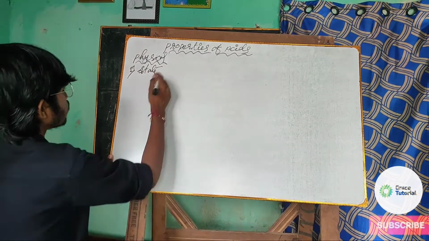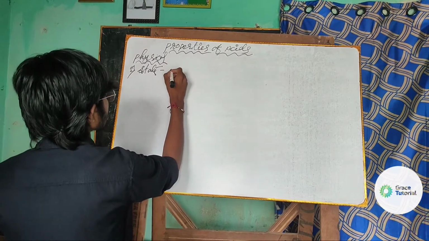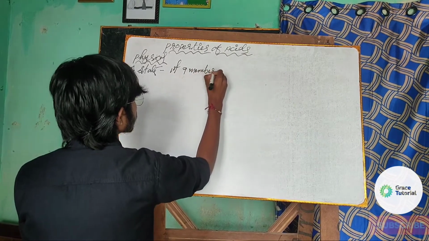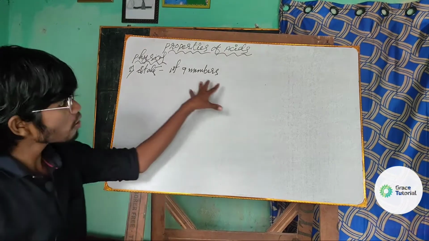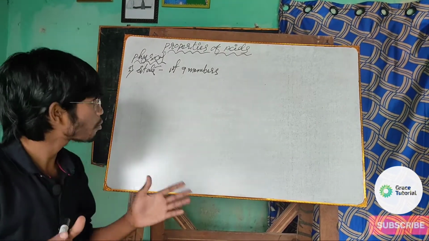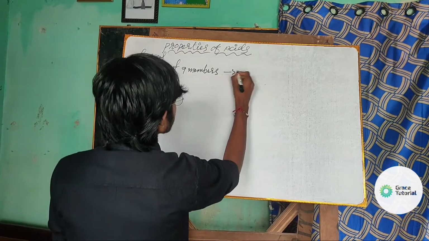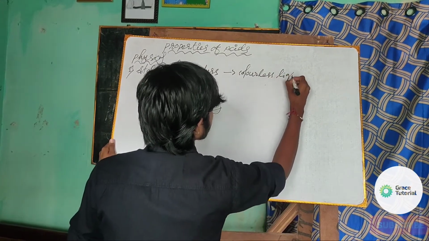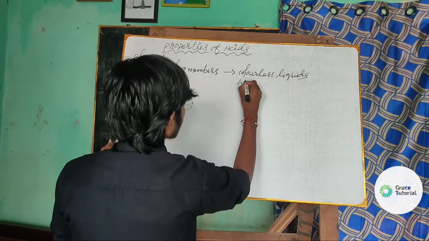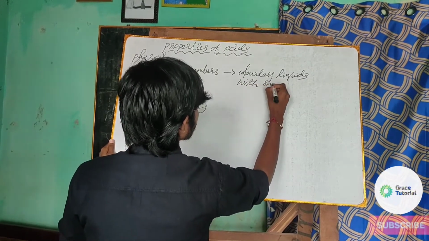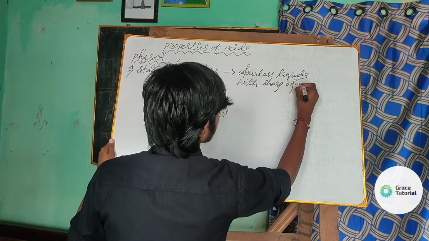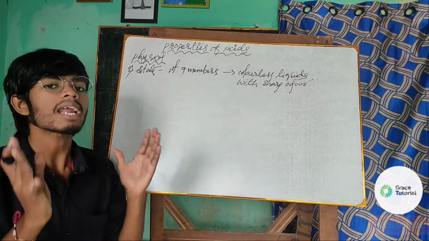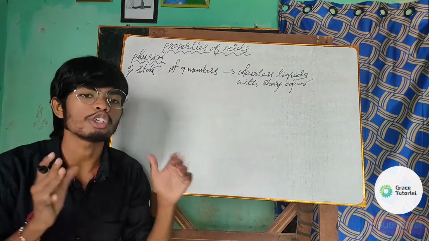If you look at the first 9 members of the monocarboxylic or aliphatic carboxylic acids, they are colorless liquids with a sharp odor.